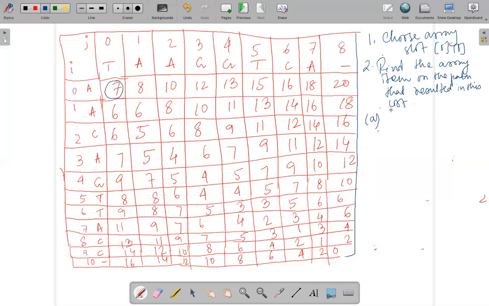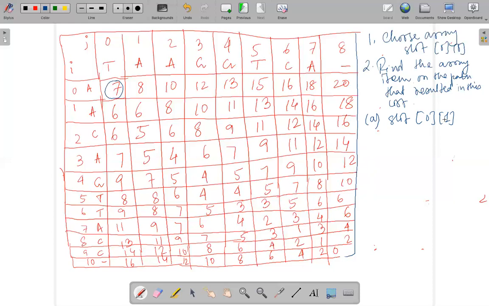You can check slot 0, 1. In this case, if you had come from 0, 1, a gap would have been inserted.